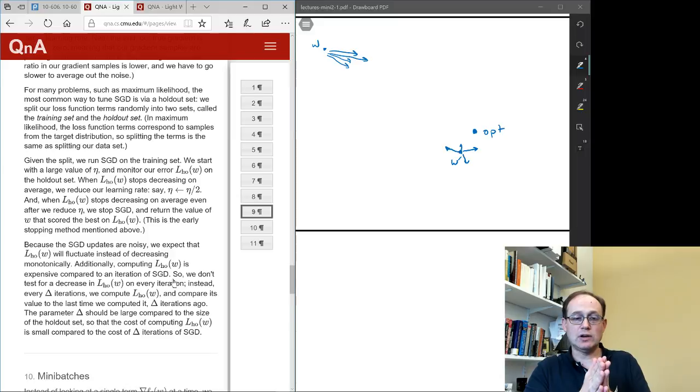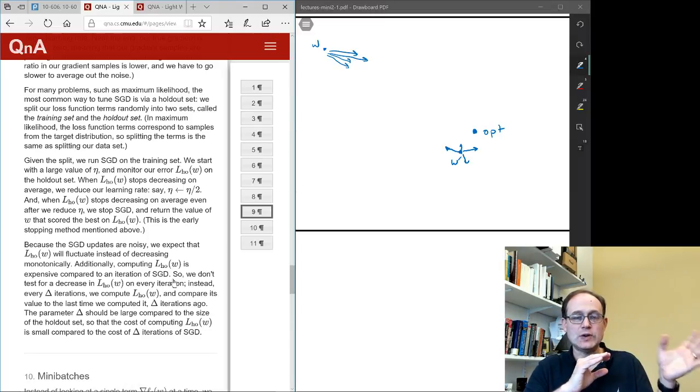We have our loss function, which has, let's say, 1,000,000 terms in it, and we split it at random by sampling terms at random from the loss function into two pieces. In expectation, both pieces are the same because we sampled at random.